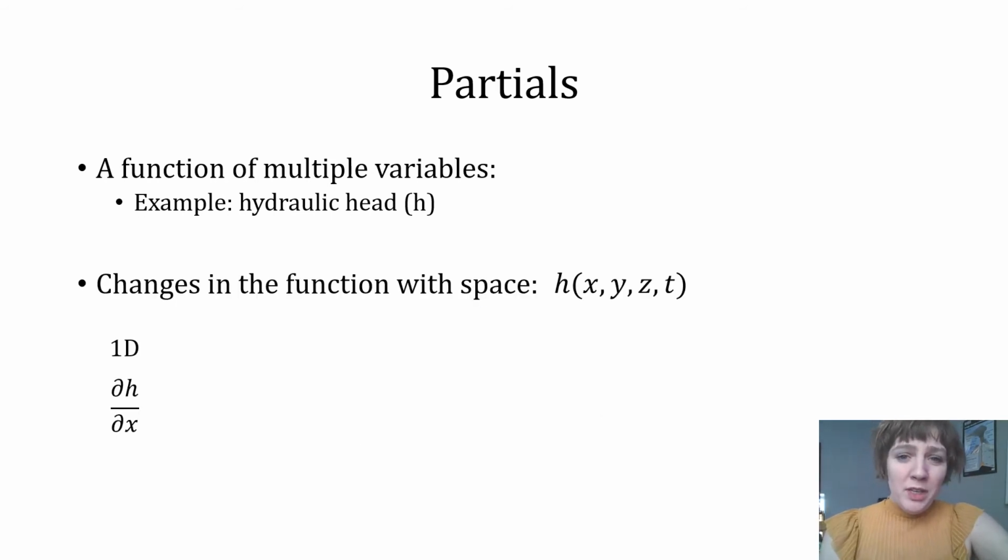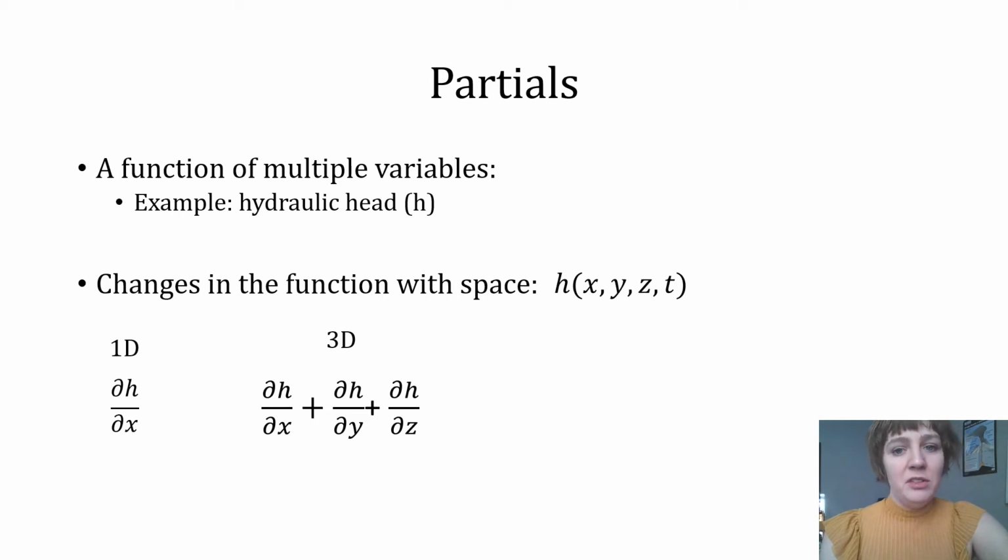Moving from 1 to 3 dimensions, we can consider the partial derivative with respect to x, y, and z, like so. In fact, this is so common that we even have an operator, the del operator, used to delineate change in 3D space.